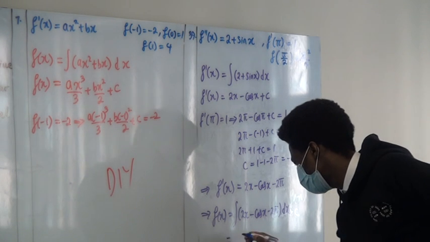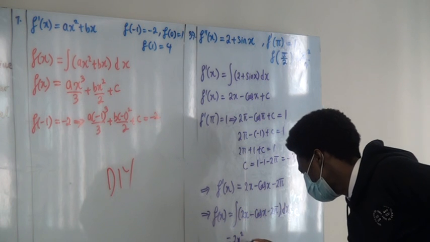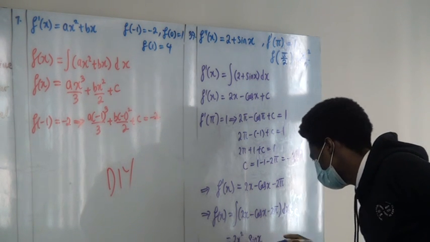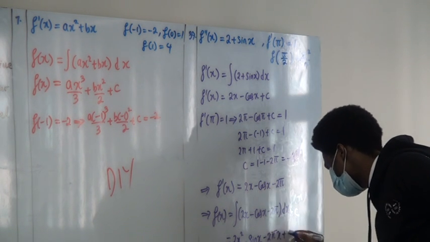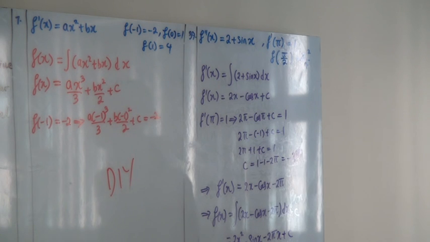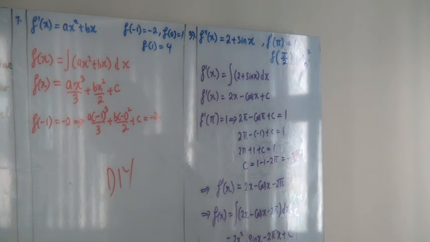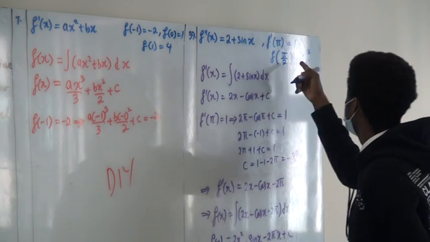And that will be, yes? 2x squared over 2, minus minus sine x, minus 2 pi x plus c. You can use your c again because the first one has been done. Okay? And if you don't want to mix up, you can say plus k. It doesn't matter, it's just a constant. Then this is f of x. Then you use the second value.